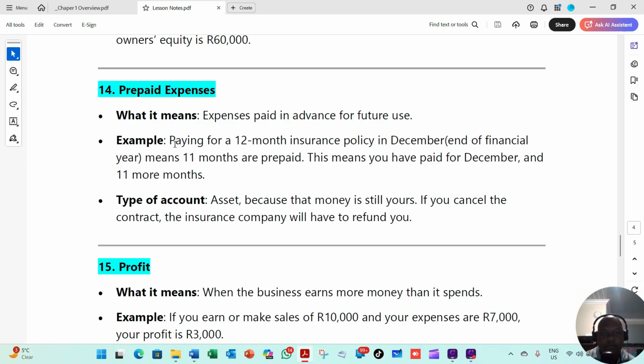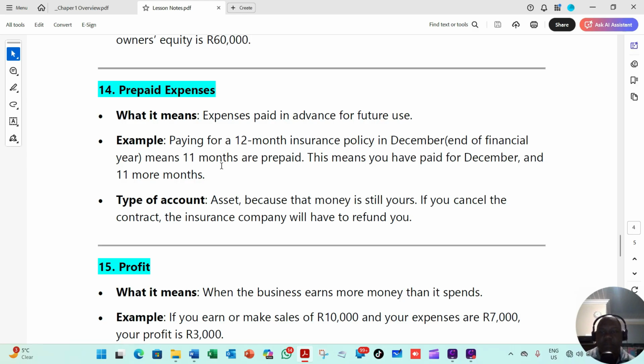For example, let's say that our business financial year ends in December. And in that month of December, we pay for insurance for 12 months. That means that we have paid for December and then January of next year, February up until November.